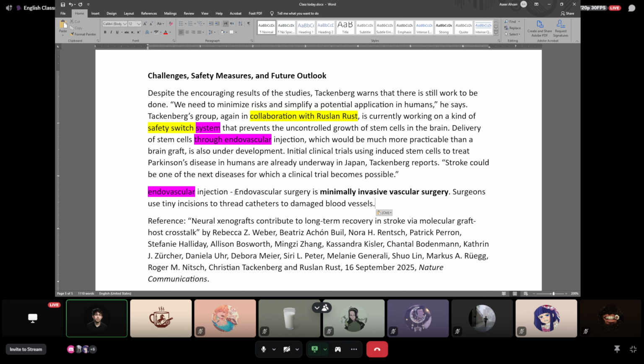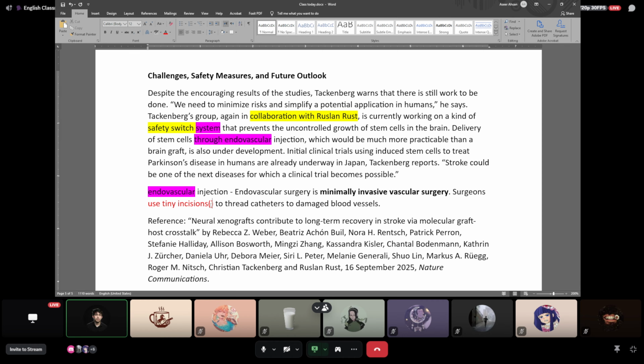This is a scientific word, even I do not know what it means, but let's try to get the grasp of this word. Endovascular surgery is minimally invasive vascular surgery. Surgeons use tiny incisions to thread catheters to damaged blood vessels. What is tiny incisions? What is the meaning of the word incision? Can anyone say?